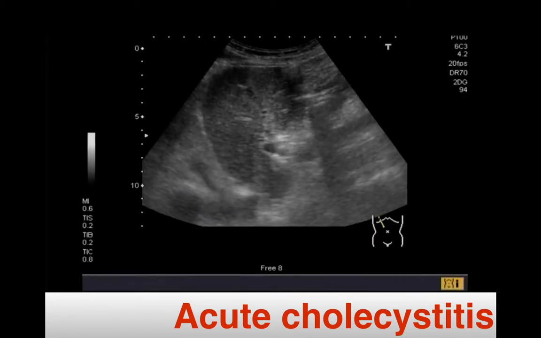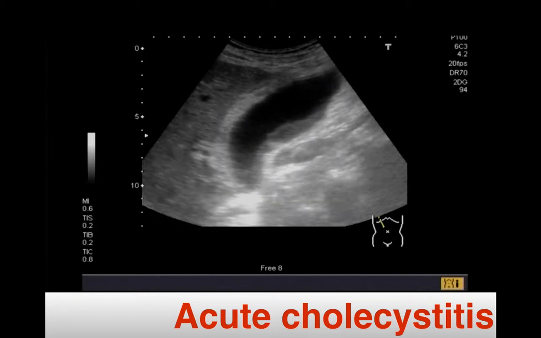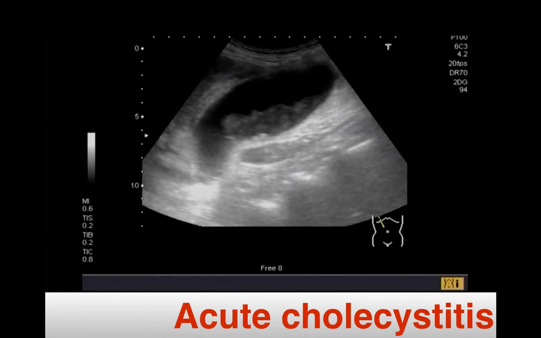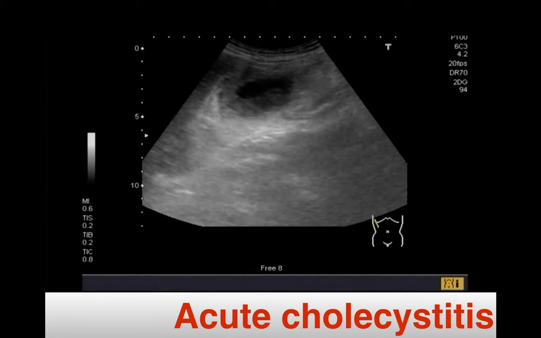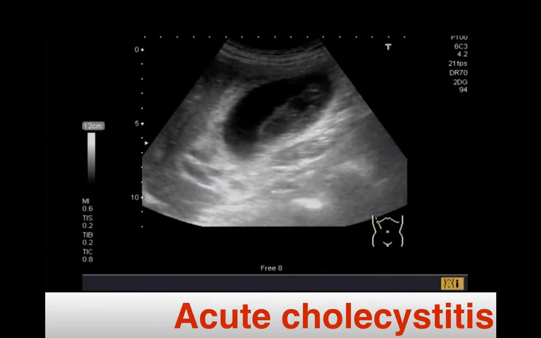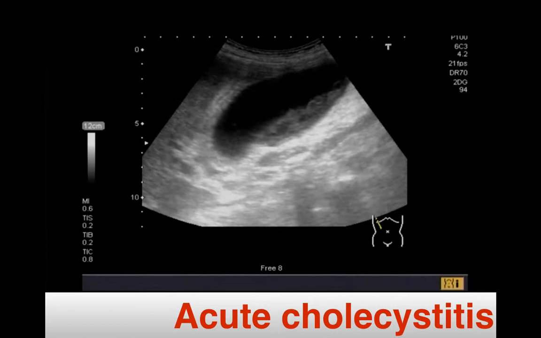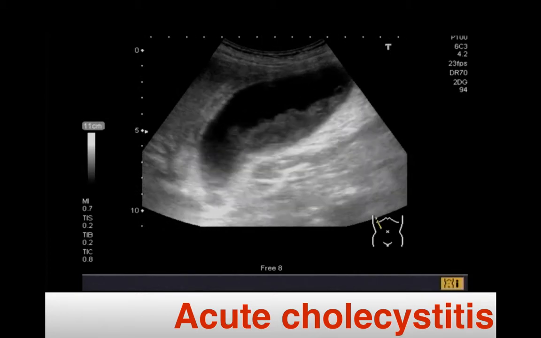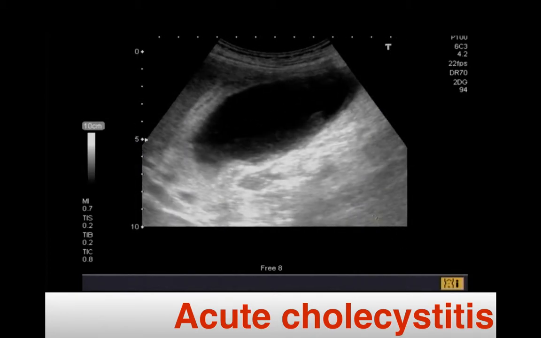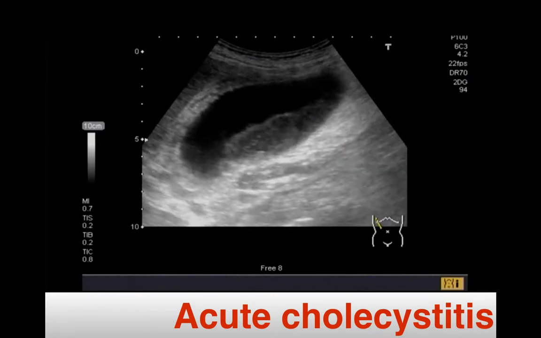And in this patient, we can see the other, more severe type. You see the wall is thickened with multiple layers, and even the wall is disrupted into different kinds of views. That's not sludge. Some stones, some sludge.